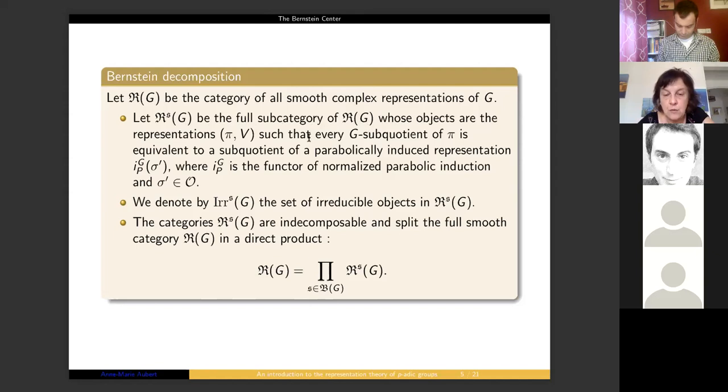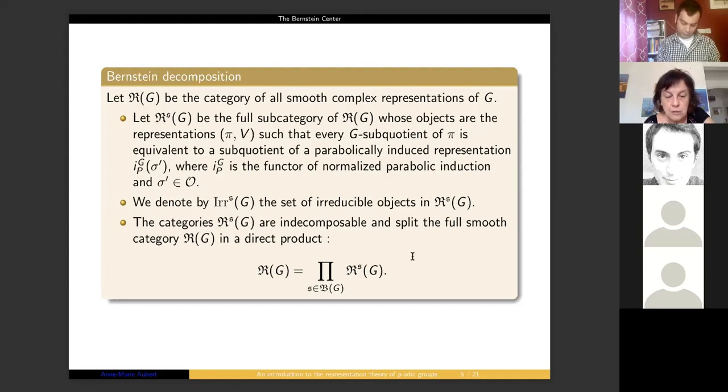with the property that every subquotient of pi is equivalent to a subquotient of a parabolically induced representation i_{L',P}^G of sigma', where sigma' is in the orbit of sigma under the group of unramified characters of L. We then denote by Irr_S(G) the set of irreducible objects in that subcategory.